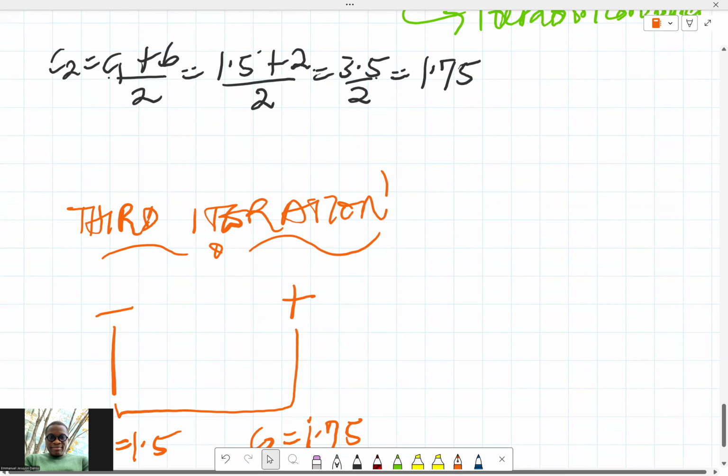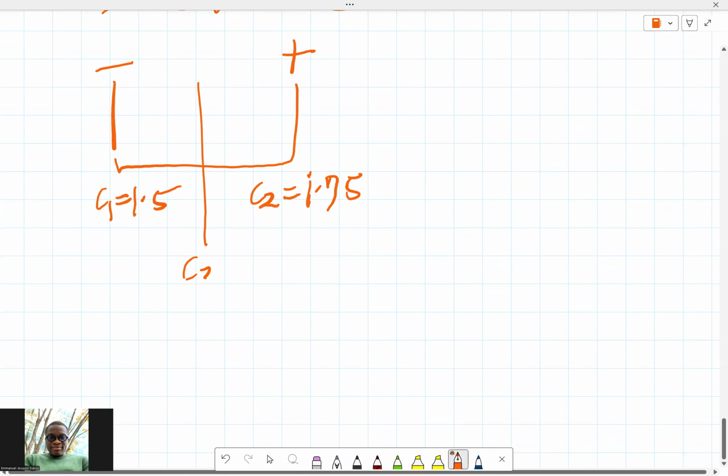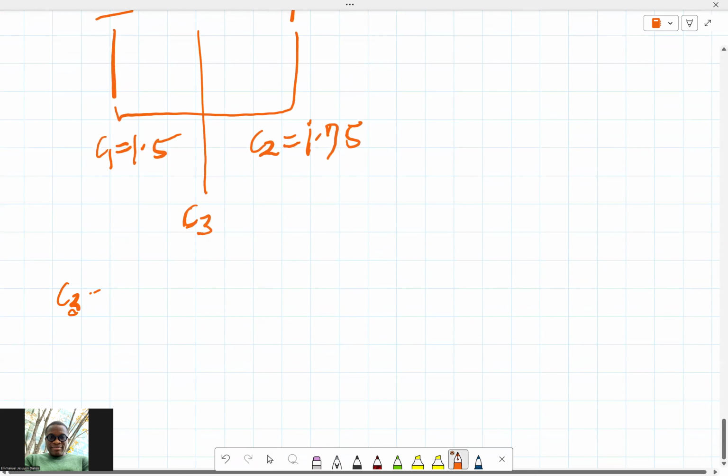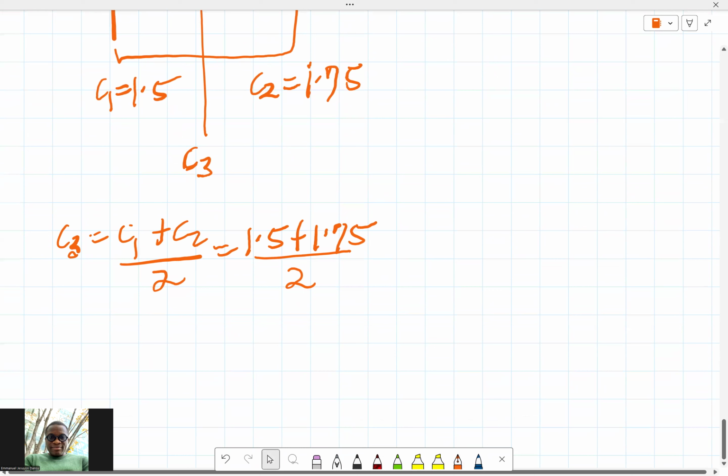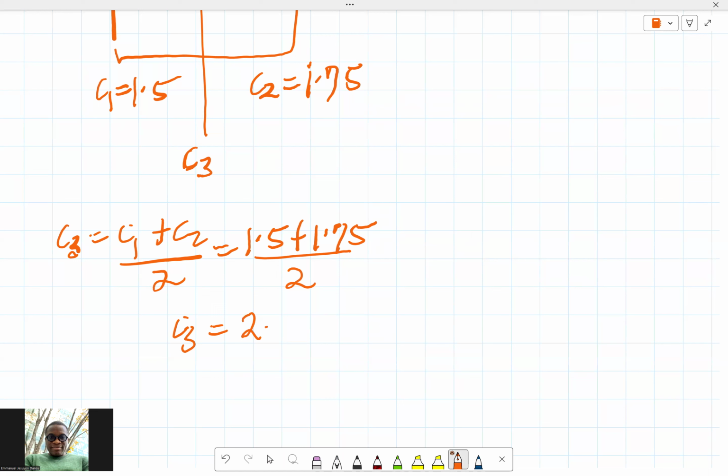Now we need C3. C3 would just be C1 plus C2 divided by 2. That is 1.5 plus 1.75 divided by 2. So how do we compute that? I just want to go straight if possible.